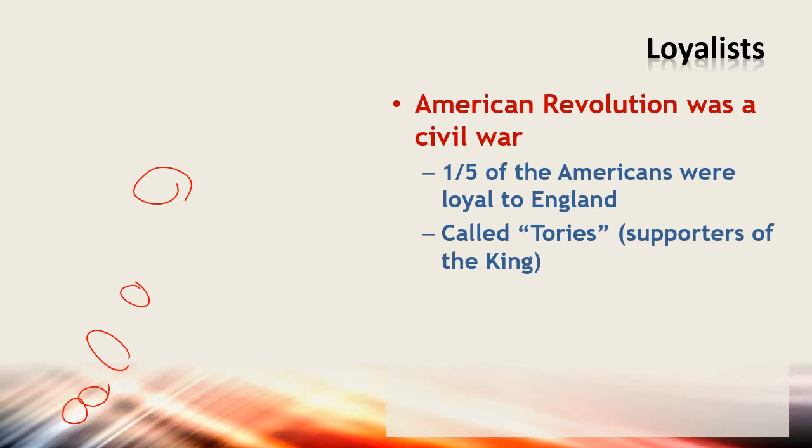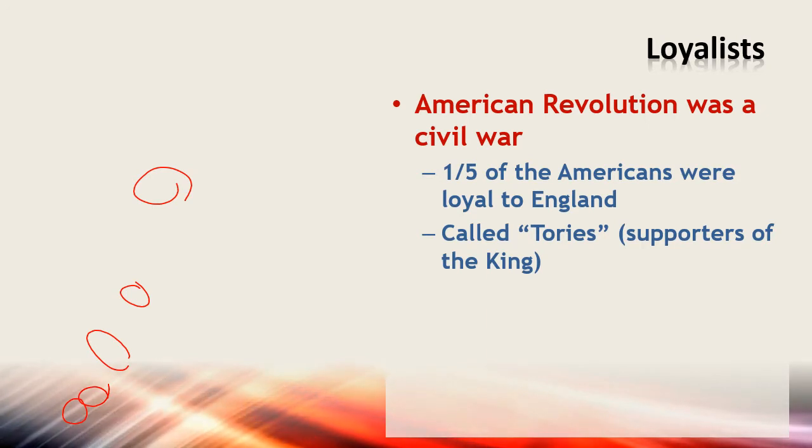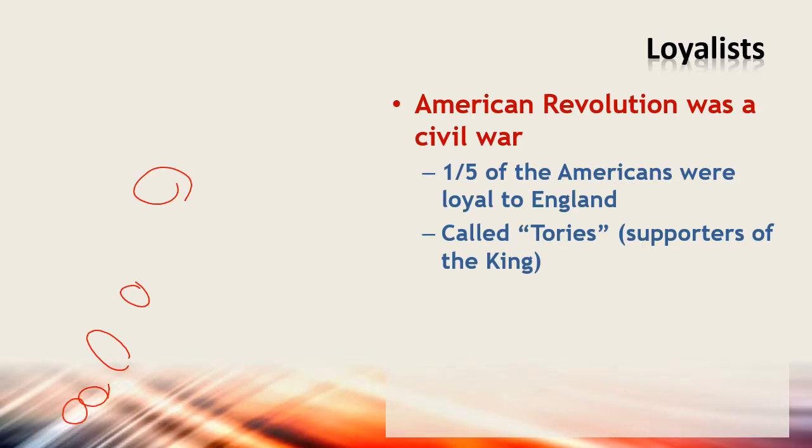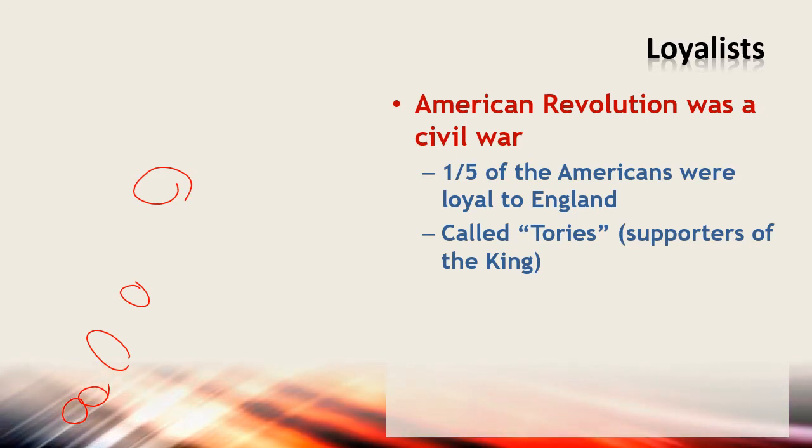Many of them were worried about the possibility of independence, what it would do to the American economy, how it might unleash even greater problems. So a lot of them are afraid of independence, afraid of a war for freedom.